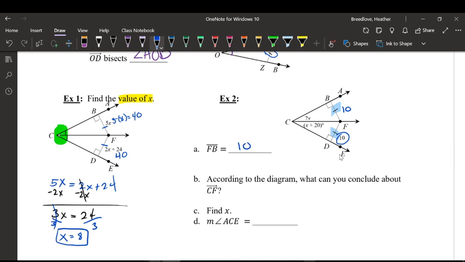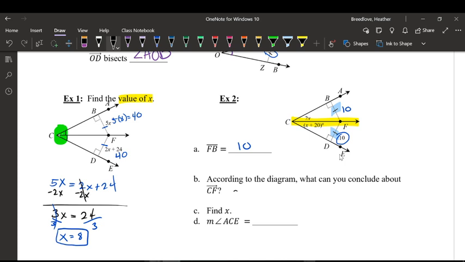According to the diagram, what can you conclude about CF? Segment CF. The ray CF. Because the segments are marked congruent, we can conclude that CF is an angle bisector.